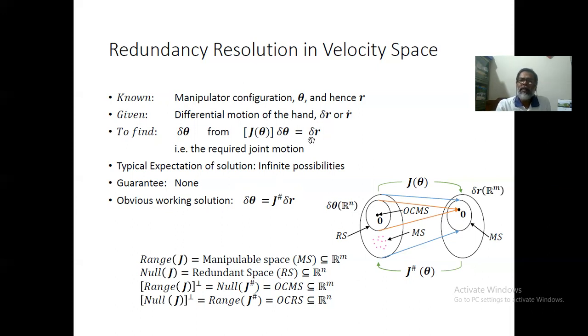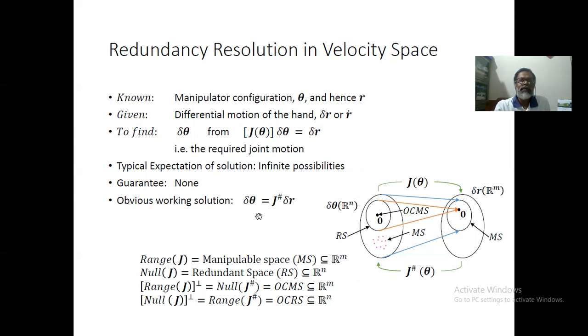Out of those infinite solutions, this is the solution of least norm, for which delta theta norm is minimum. So this gives you the smallest possible joint motion which achieves that delta R, either exactly or in the least square sense if there is a conflict in the system of equations.